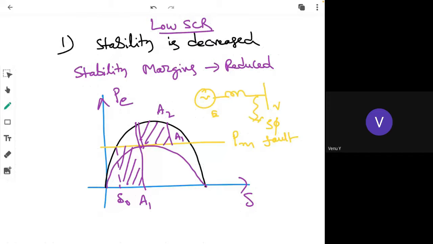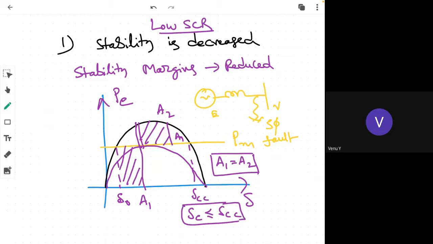So in the equilibrium criteria, A1 equal to A2, then you can ensure the transient stability, provided delta C is less than or equal to delta Cc, the system is stable.